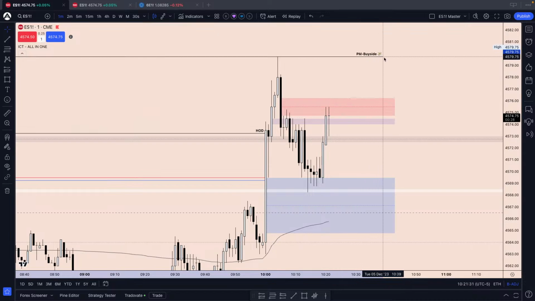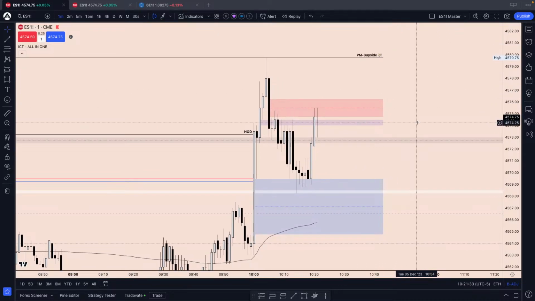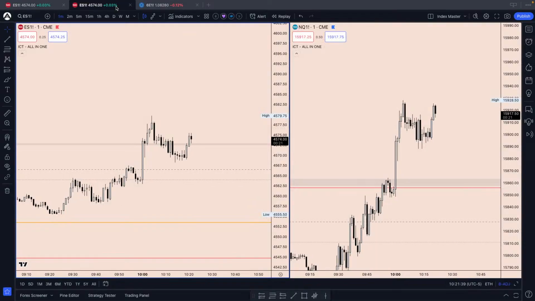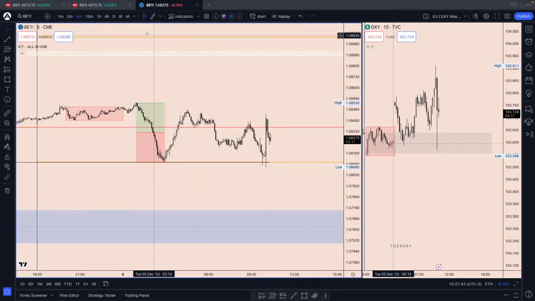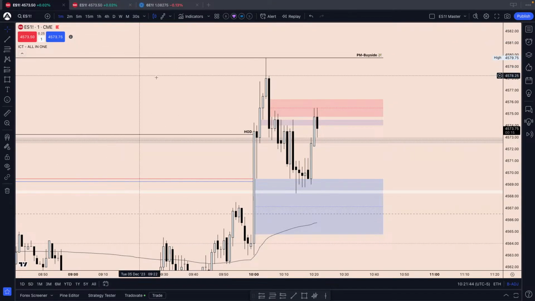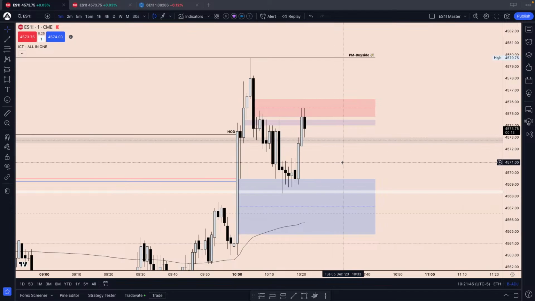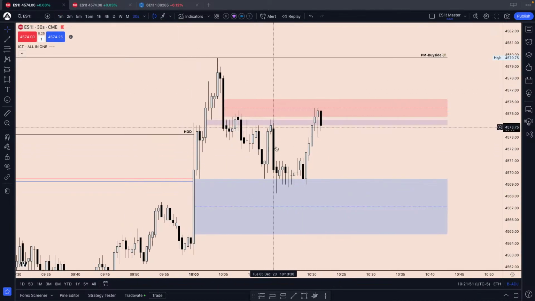Target PM buy side. Take a look at NQ. Almost at the high.